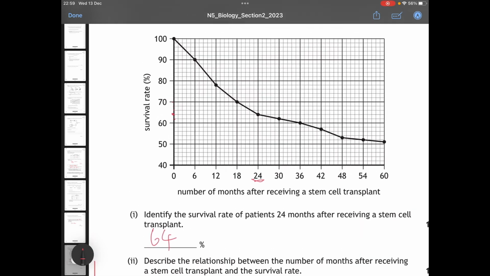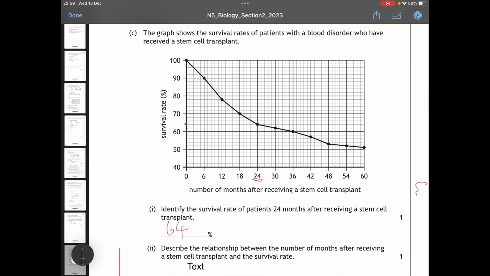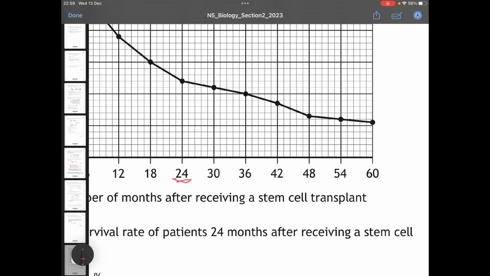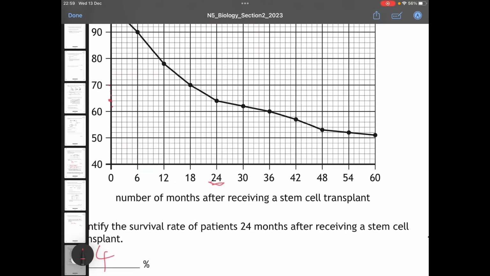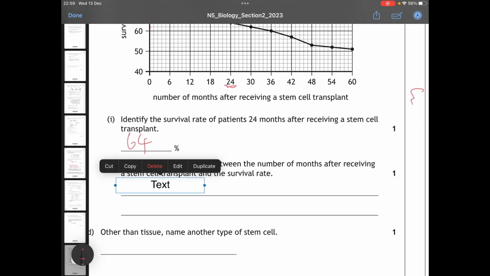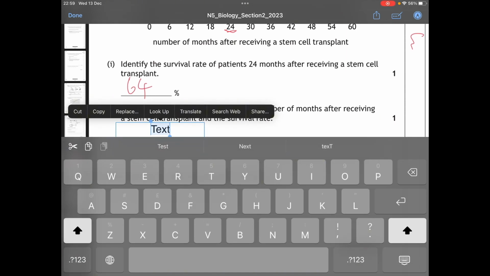We're going to say for this one, as the number of months after receiving a stem cell transplant increases from 0 to 60. Okay, so that's going from left to right at the bottom. The survival rate decreases from 100. And we can see this number here. It's halfway between 50 and 52, so that'll be 51%. Okay, so your model answer would look like this.